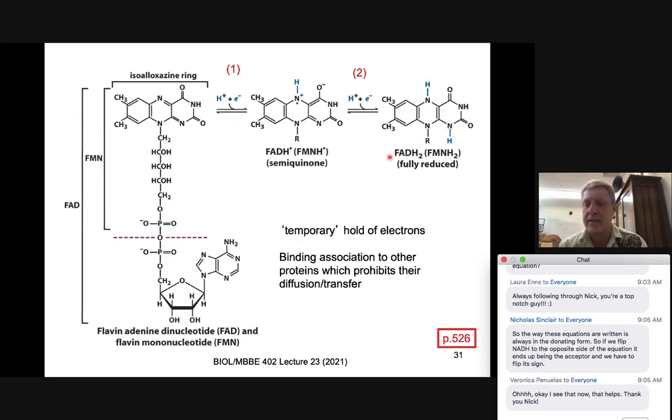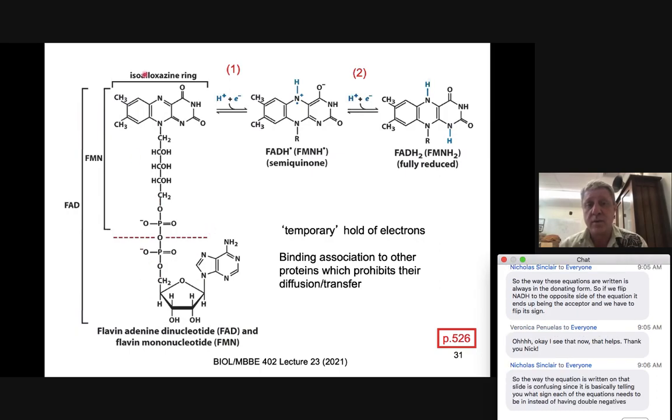So we're going to be more looking at this guy, the FADH2, the fully reduced versus the semiquinone and the fully oxidized version without any electrons here. So the important thing that we need to bring into concept is that this is a temporary transfer or holding of electrons, and it's that particular transfer and that capacity to release those electrons that give these molecules such an important role in our metabolic pathways.